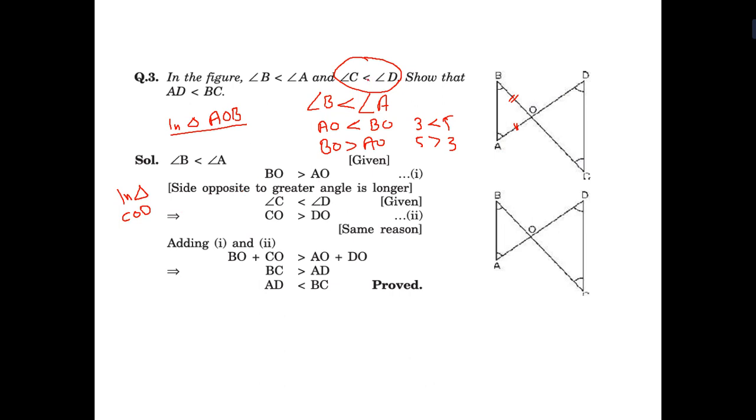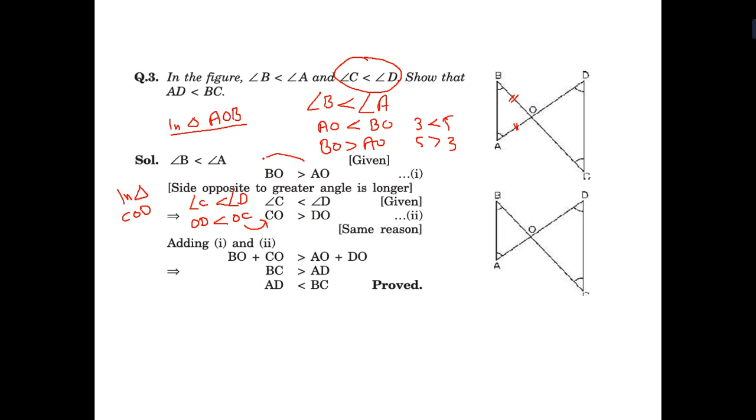In triangle COD, angle C is greater than angle D, so angle D is less than angle C. The side opposite to D is OC and the side opposite to C is OD, so CO is greater than DO.